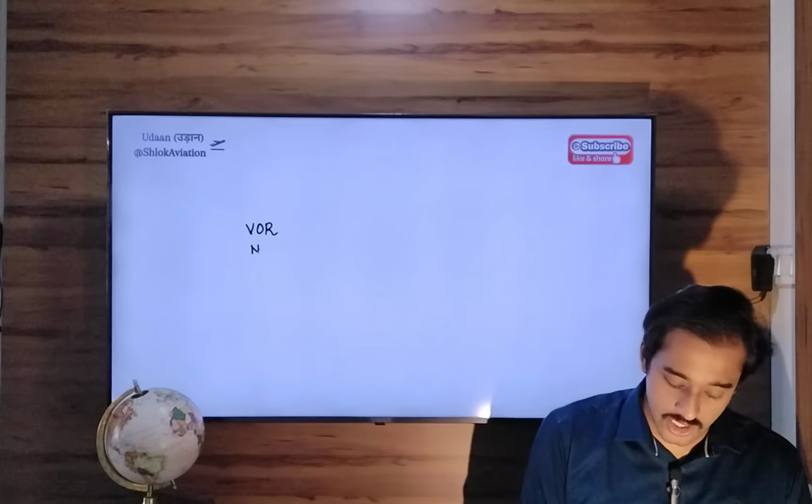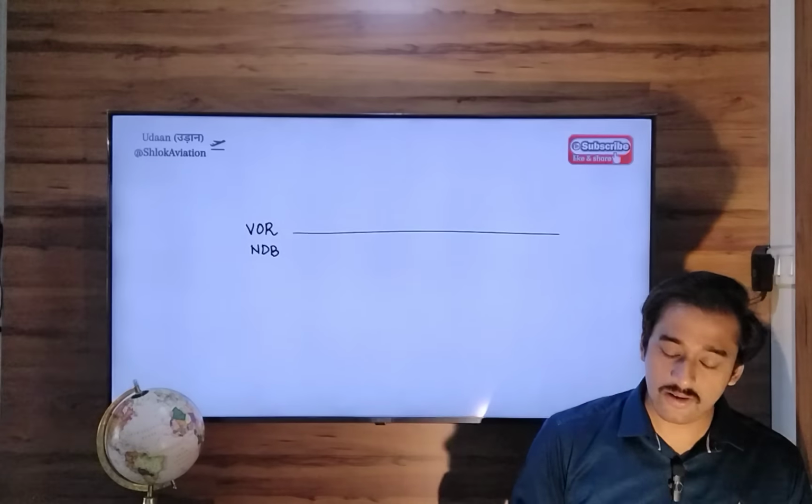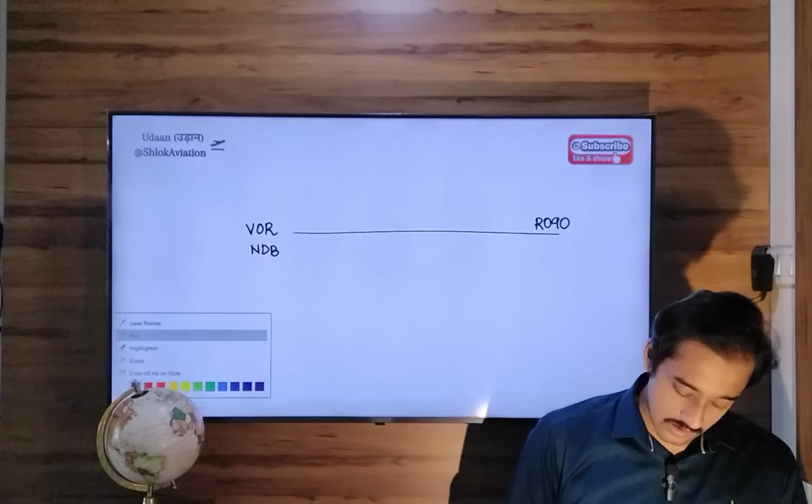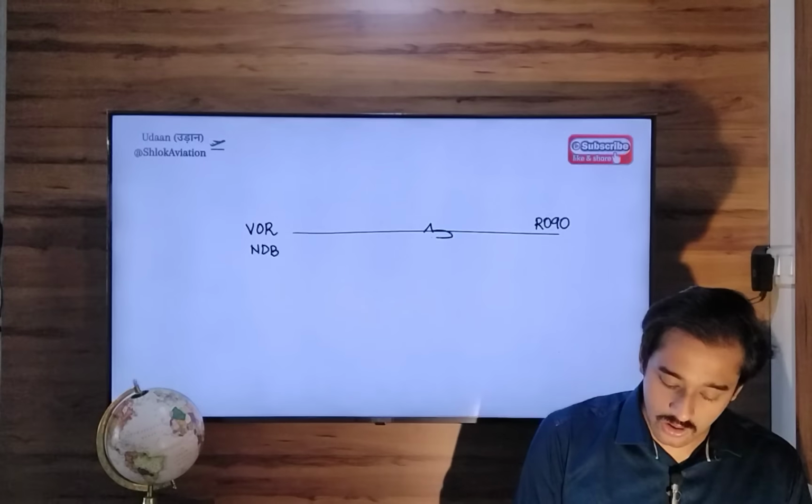So over here we have a VOR station and an NDB station on the ground. An aircraft is tracking radial 090 outbound.